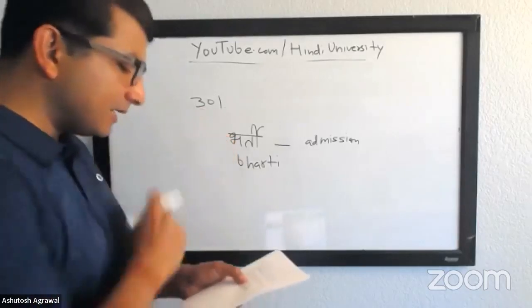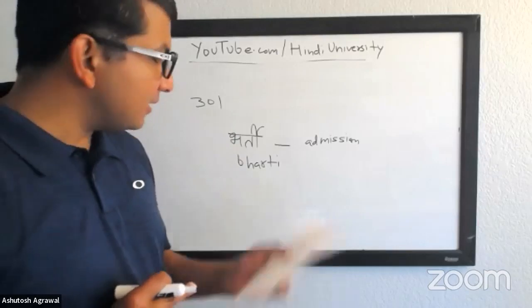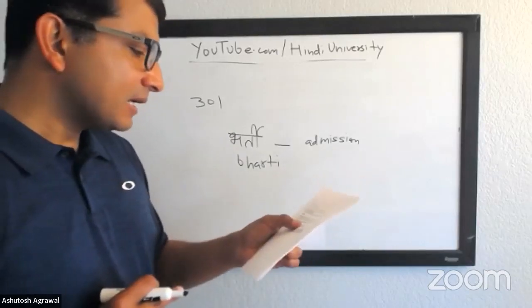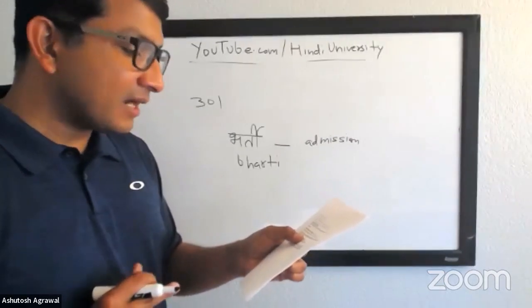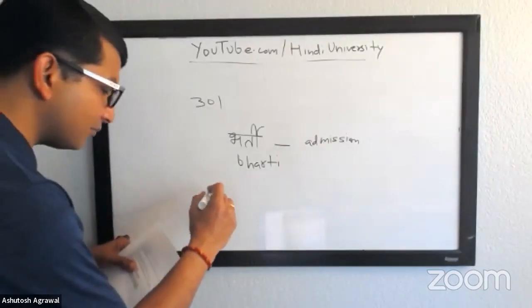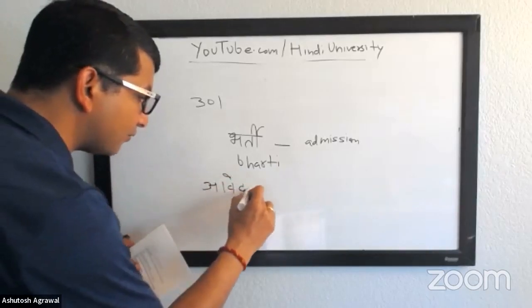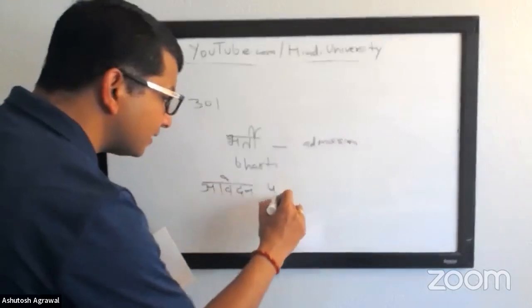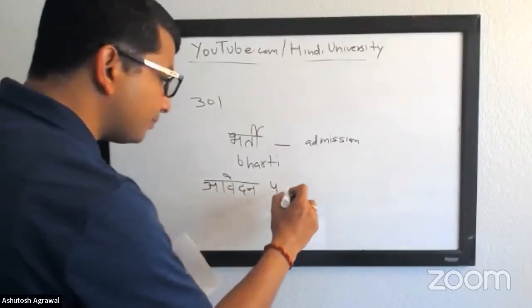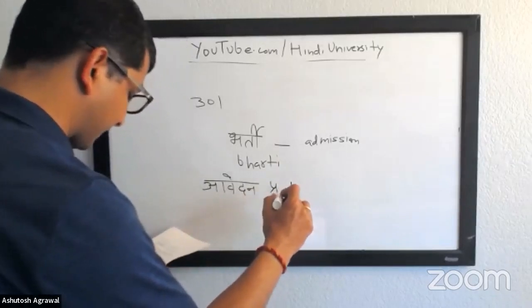So 301 positions par bharti ke liye, for admission, bharti ke liye avedan prakriya shuru hone ko hai. This one is again a little bit of a vocabulary word. Avedan prakriya.